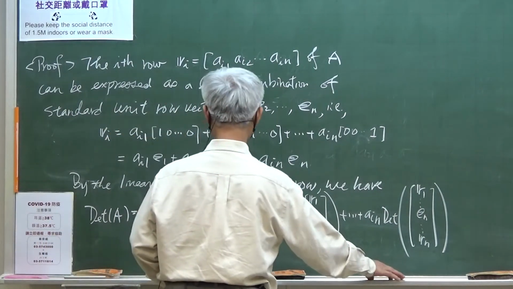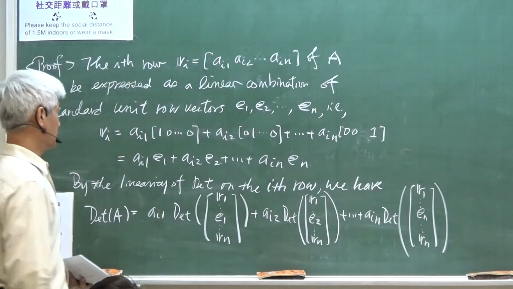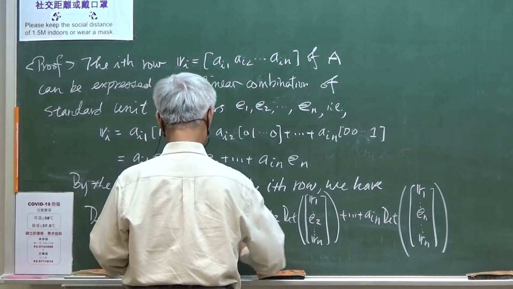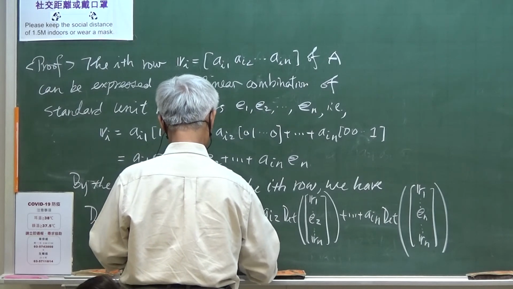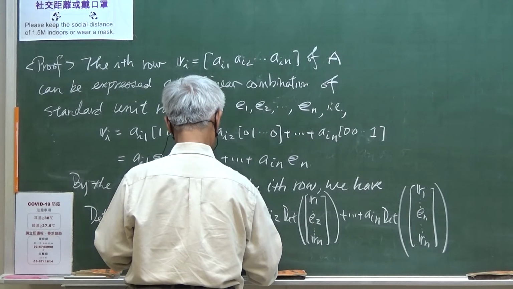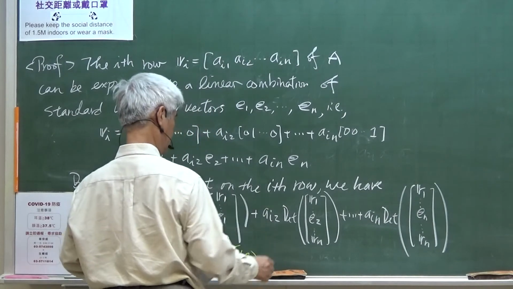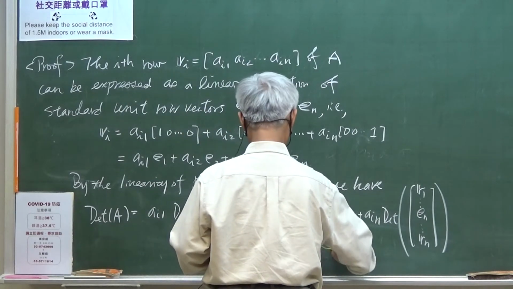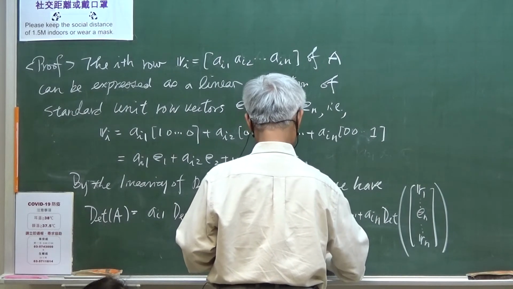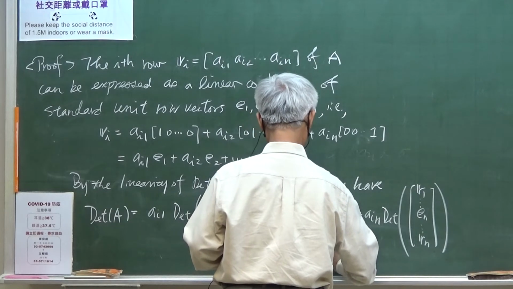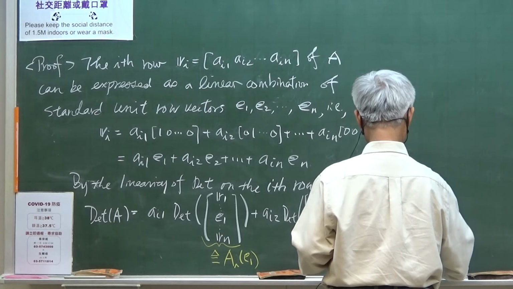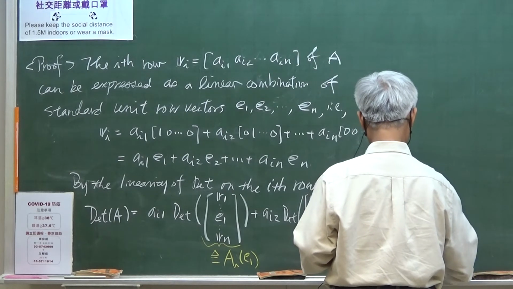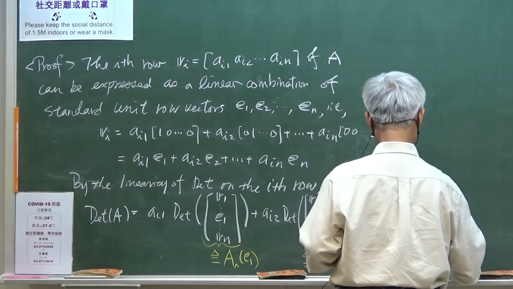We define this matrix to be A_i(e1), this one to be A_i(e2), and this matrix to be A_i(en).